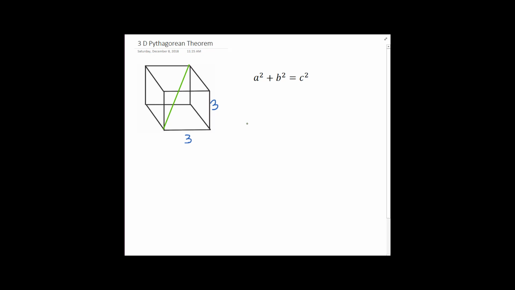How do we find that measurement when all we have is the length and the width or height of this cube? And we know it's a cube, so all sides are equal. So we know that one side is 3, one side is 3. So to find this, we can't just go right at it. We have to do two different steps to do this.